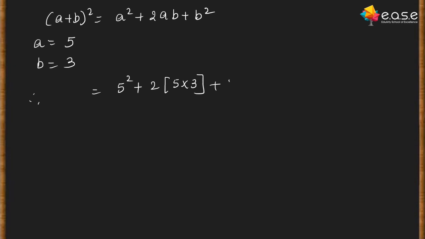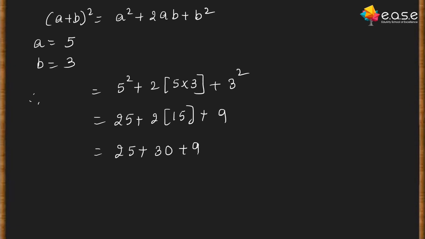That is going to give you 5 5s are 25 plus 2 into 15 plus 9, that's equal to 25 plus 30 plus 9, and this is equal to 55 plus 9, that's equal to 64. So your final answer will be 64. This is how we do the sums when we have to use the identities. Are we clear?